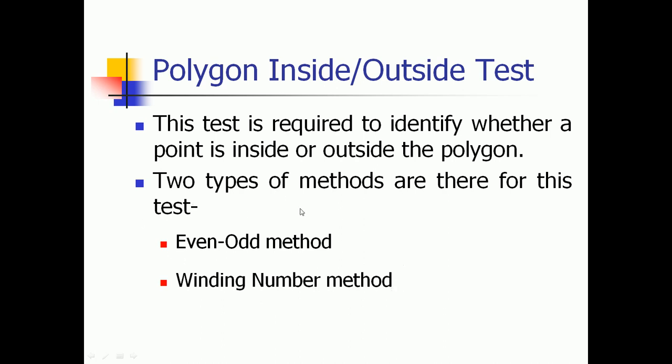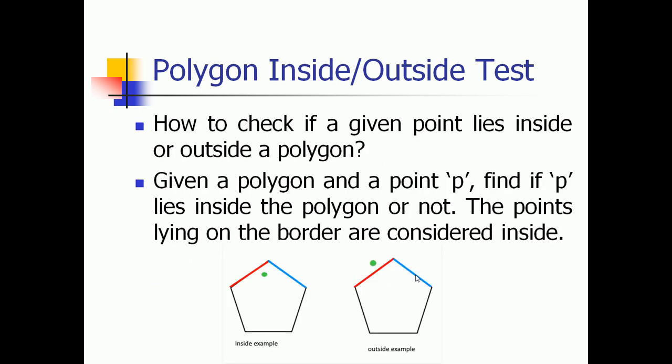Now there are two methods given: the even-odd method to check whether a point is inside or outside of the polygon, and the second is the winding number method, again to check whether the point is inside or outside the polygon. Now what exactly does it mean for a point to be inside or outside, or how do we check if a given point lies inside or outside of a polygon?